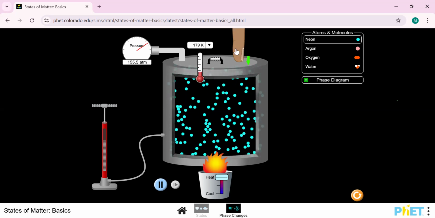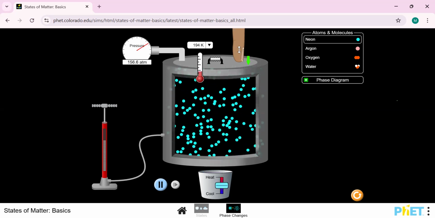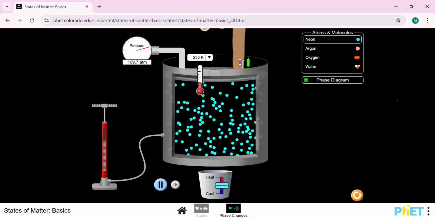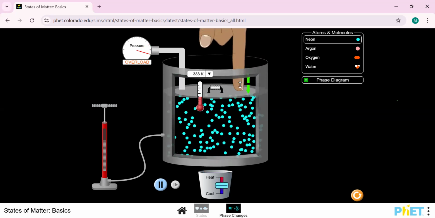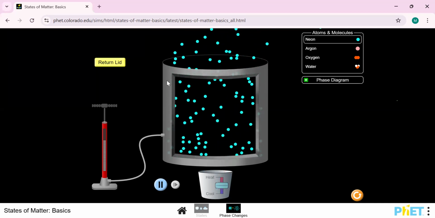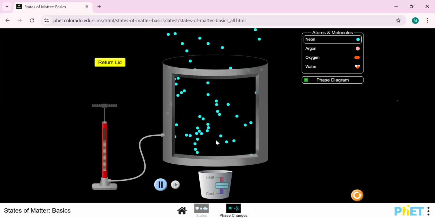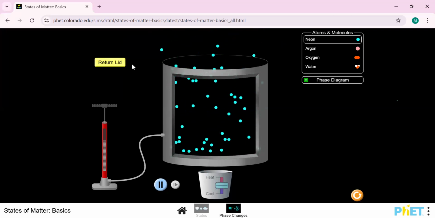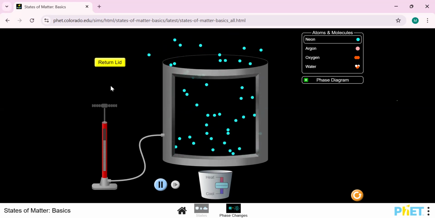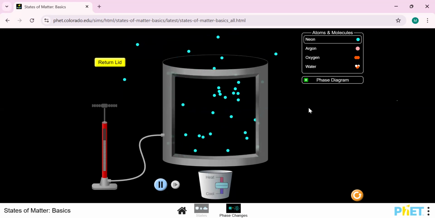Now I'm going to press the lid, the top of the lid. Immediately the lid was opened. Why? Because the temperature increased and the pressure increased, so the lid comes out from that place.